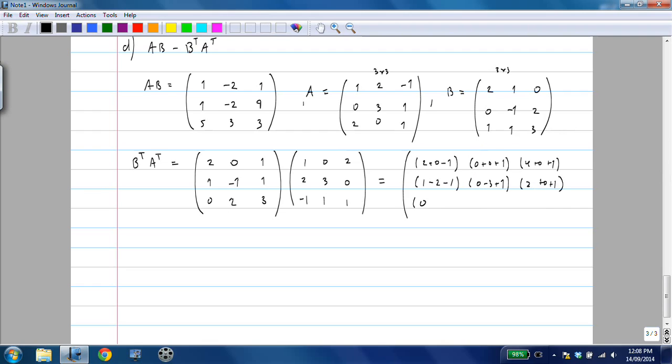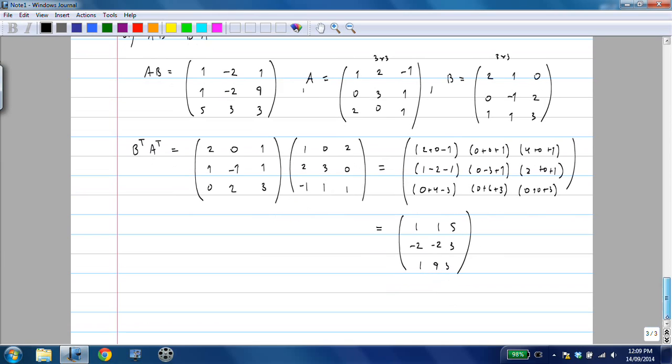And then we get 0 plus 4 minus 3. 0 plus 6 plus 3. And lastly, we get 0 plus 0 plus 3. When you work all the arithmetic out, you get a matrix of 1, 1, 1, 5, negative 2, negative 2, 3. And 1, 9, 3.